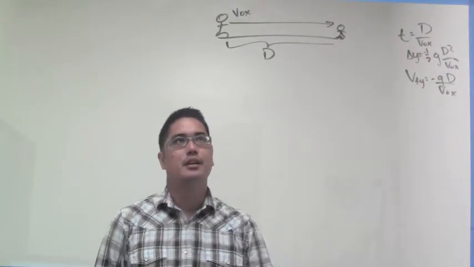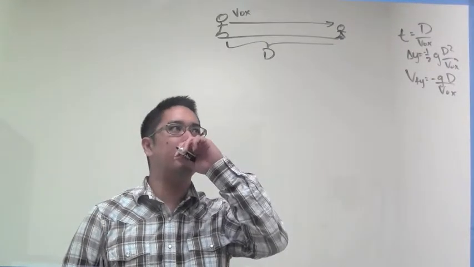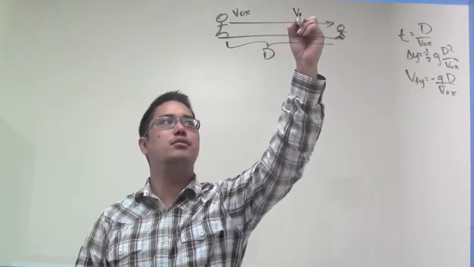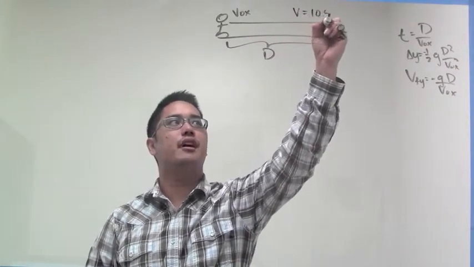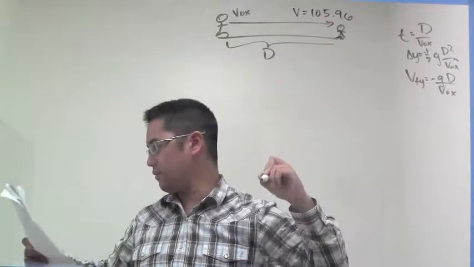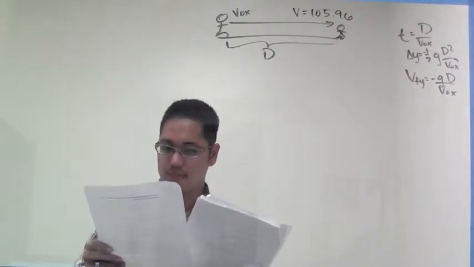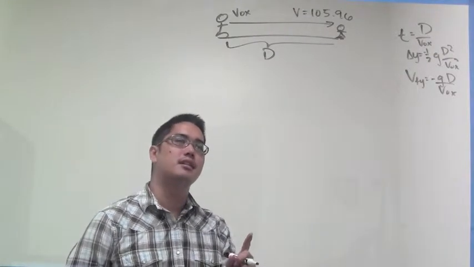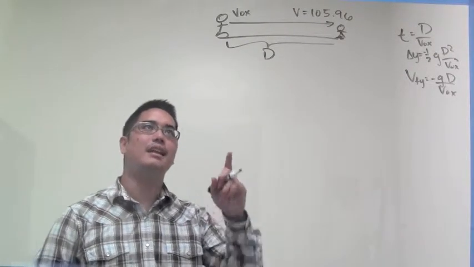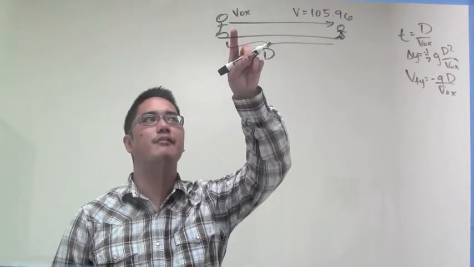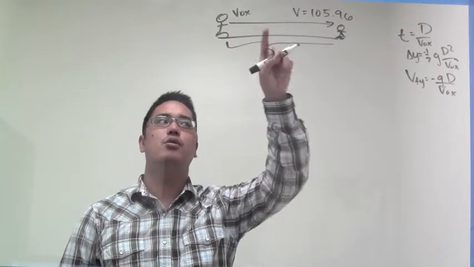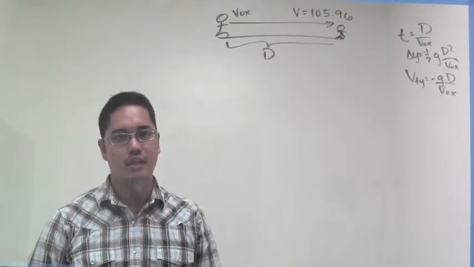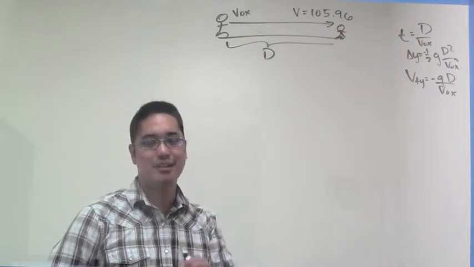The question that you posed was, you know that velocity is 105.96 miles per hour. Does that mean it left his hand at 105.96 miles per hour, or the guy caught it at 105.96 miles per hour? Because those velocities are actually different.